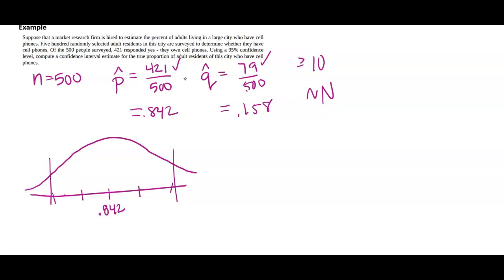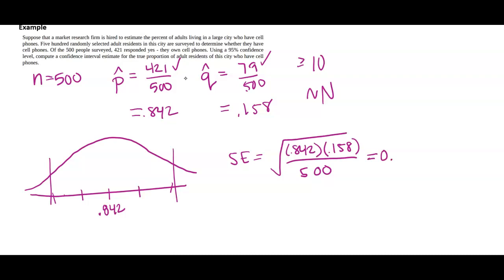But let's go ahead and find our standard error. Oh, sorry about that. So that's going to be 0.842 times 0.158 all over n, and I end up getting 0.016.